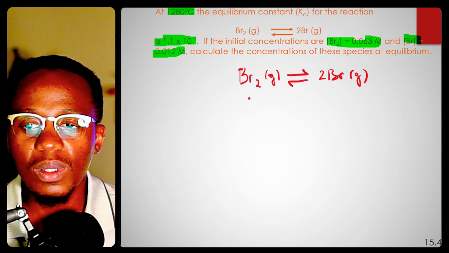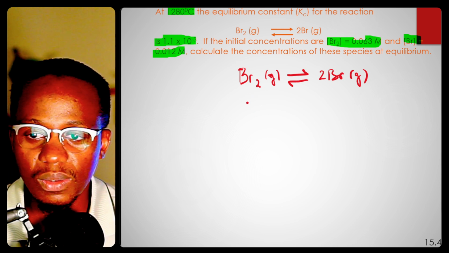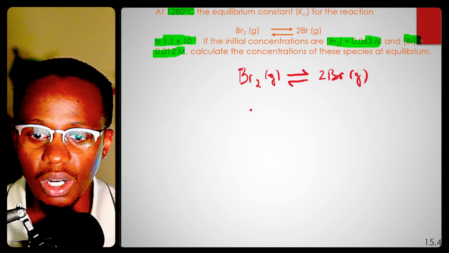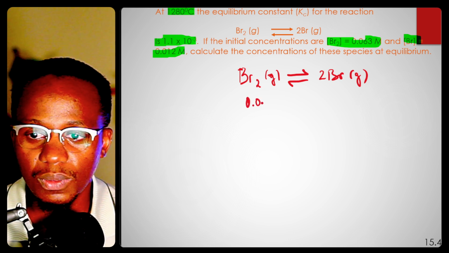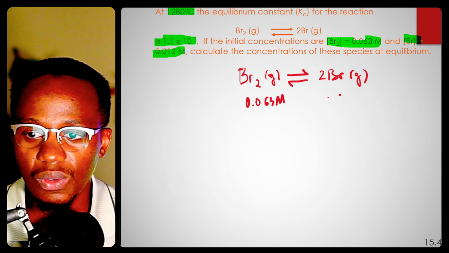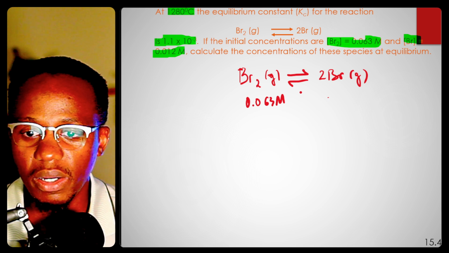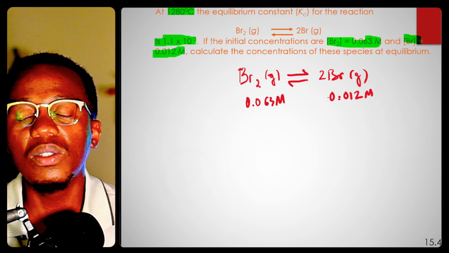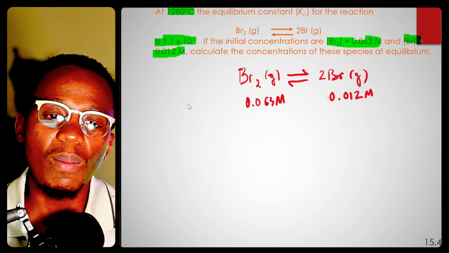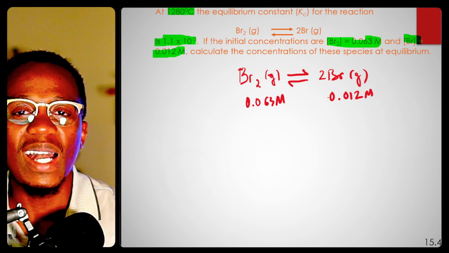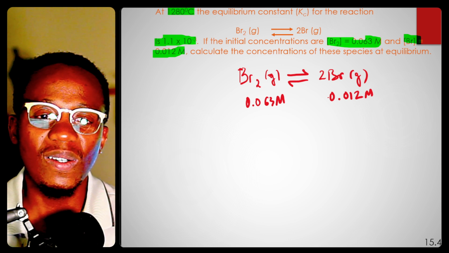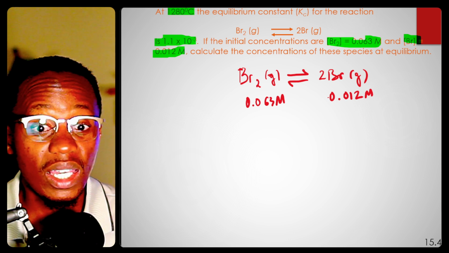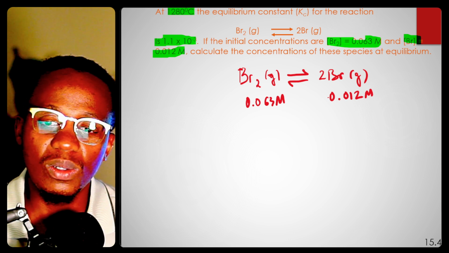So they're telling you the initial concentrations. The initial concentration of Br2 is 0.063 molar, and the initial concentration of Br is 0.012 molar, right? So I want to introduce you to something, and I'm sorry that I might be the one introducing this to you, because some students don't like it, but that's the best way to do this.